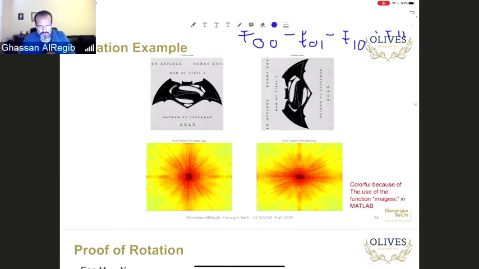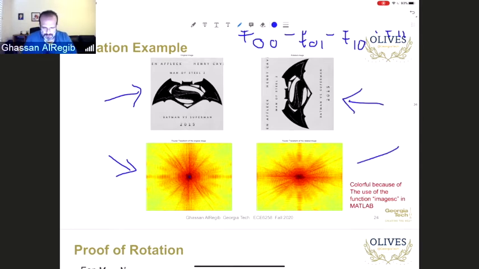So here we have this image, and this is the DFT. This is the magnitude, the amplitude of the DFT transform, and then this is with the FFT shift. So basically the 0, the DC, is in the middle of the image for the DFT, and we rotate the image.